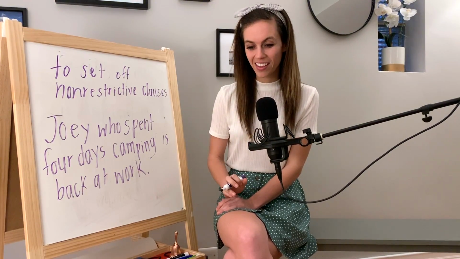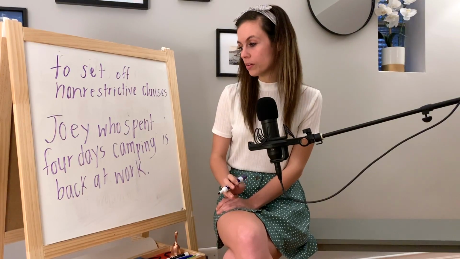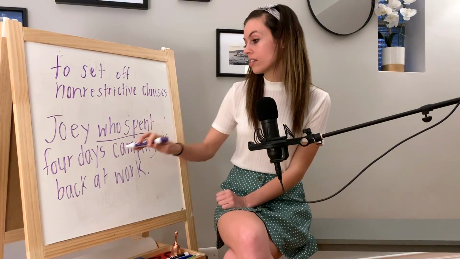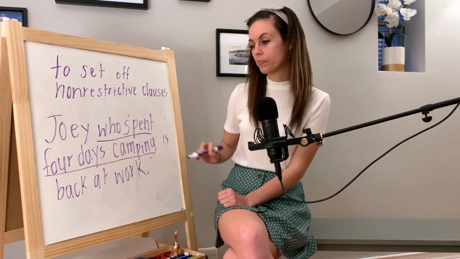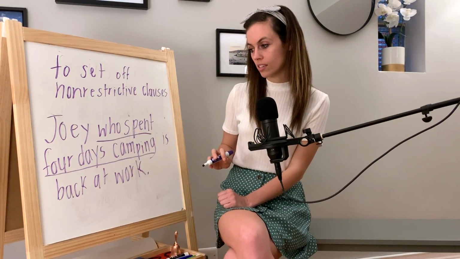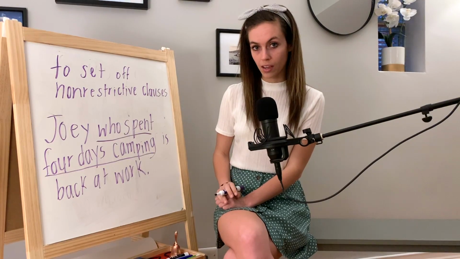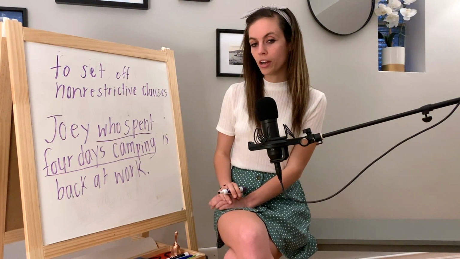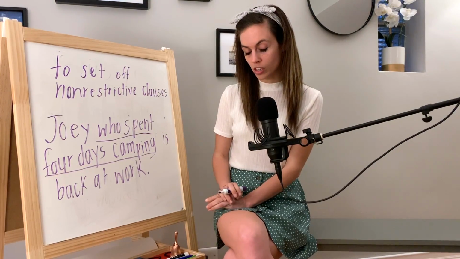Okay, yeah, so we don't really need to know that Joey spent 4 days camping, because I think the point of the sentence is Joey is back at work, right? Okay, so where are the commas going to go?